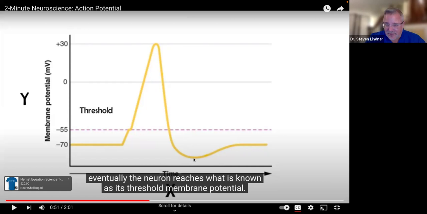And as a result of that, we get more negative. So sodium is rushing in here, and potassium is starting to exit, right? It's going from inside the cell to outside the cell. And as you get that escape of potassium, it hyperpolarizes.